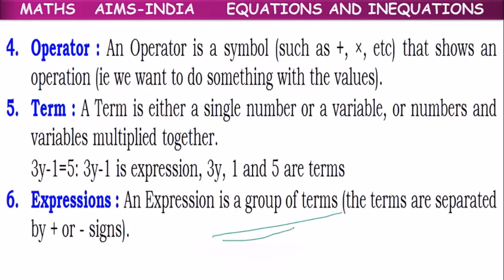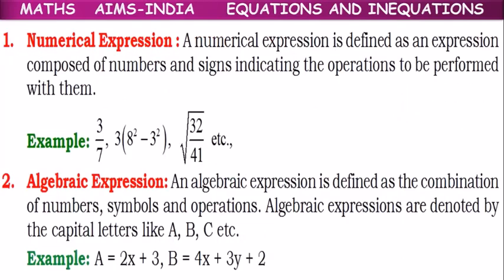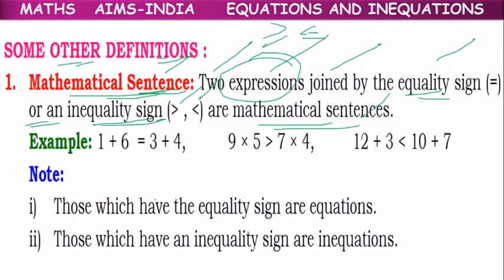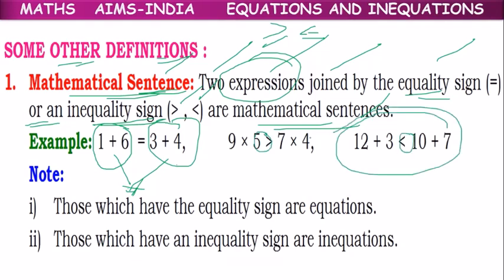Group of terms joined with an operator. This is one expression, this is one expression, both of them joined by equality sign, greater than sign, less than sign. Then this whole representation will be called a mathematical sentence.